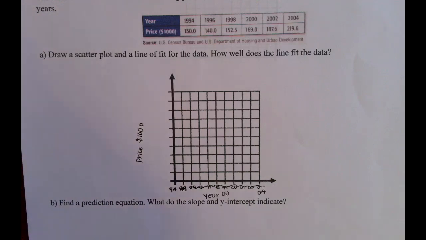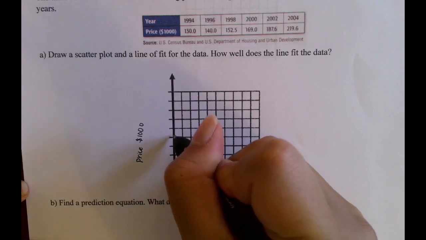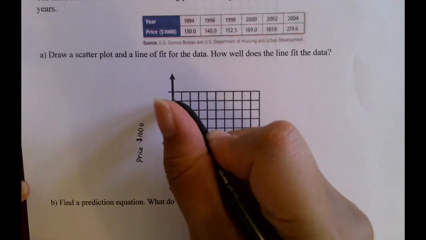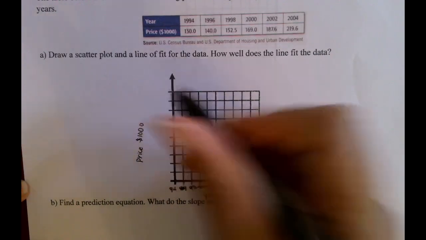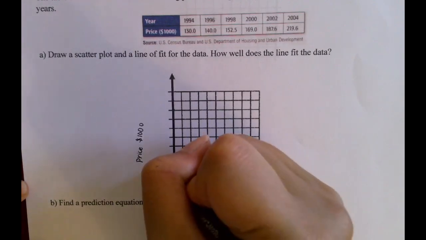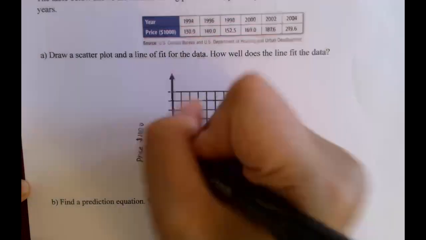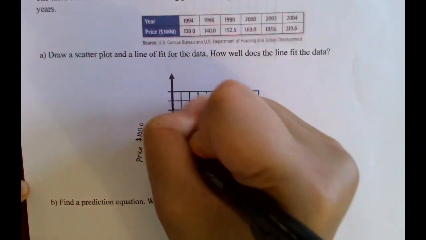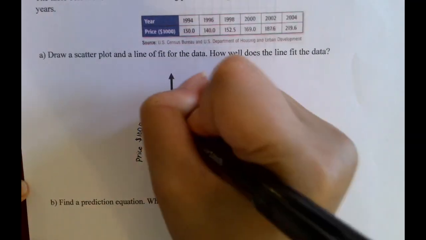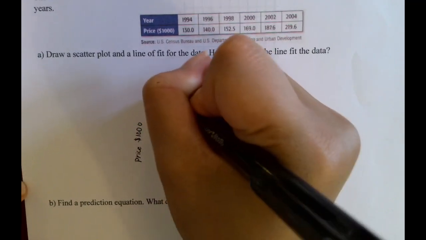So I'm going to label 130, 140, 150, 160, 170, 180, 190, 200, this is 210, and this is 220.